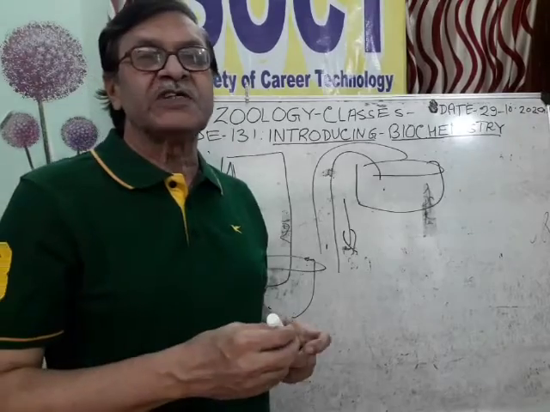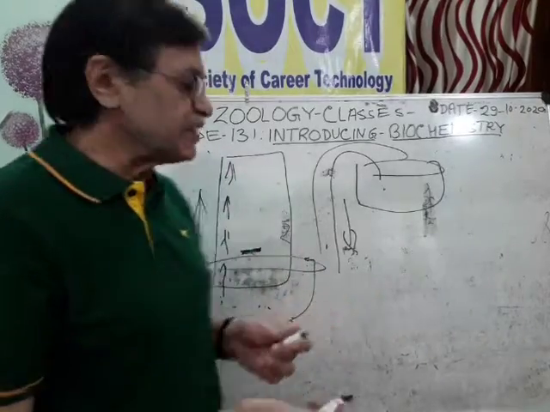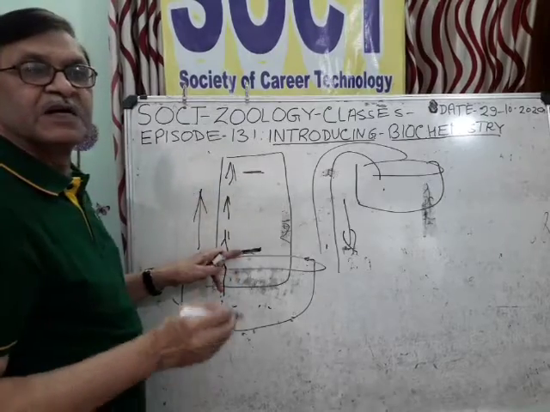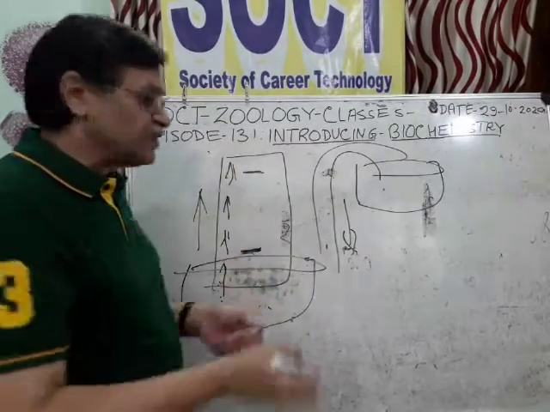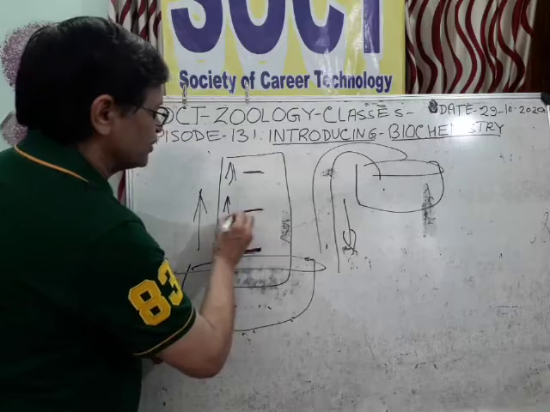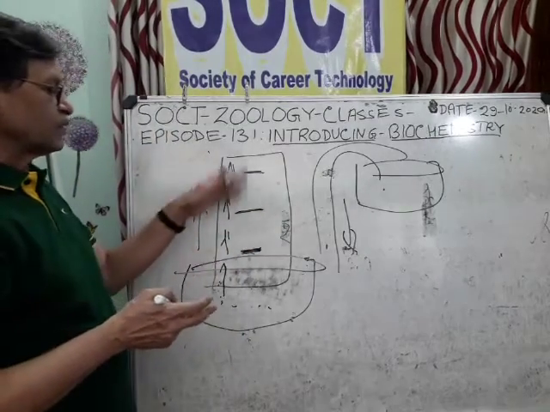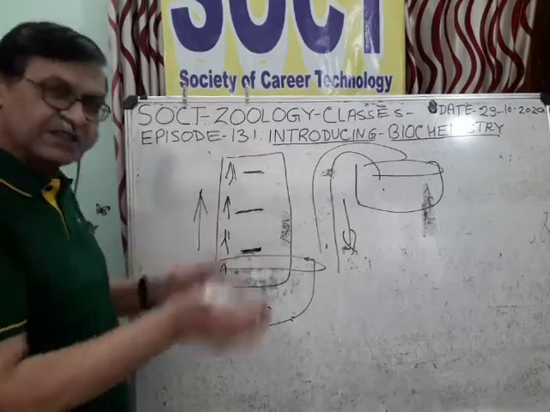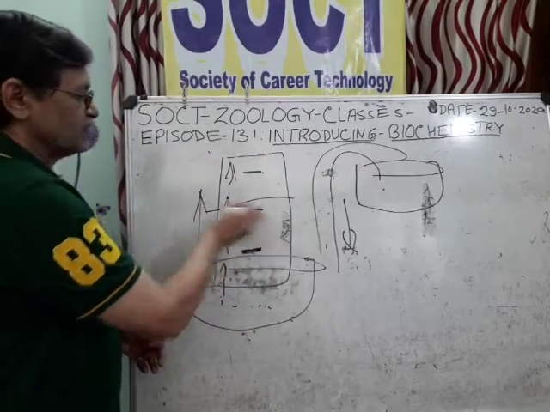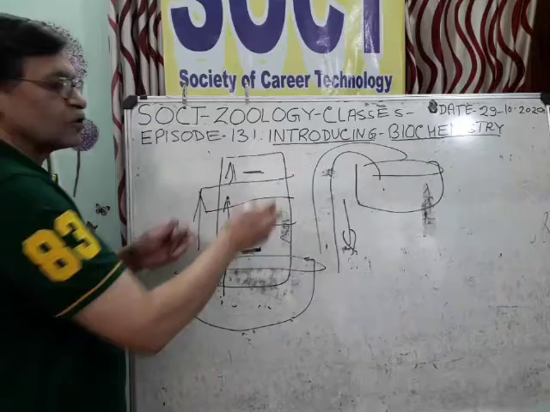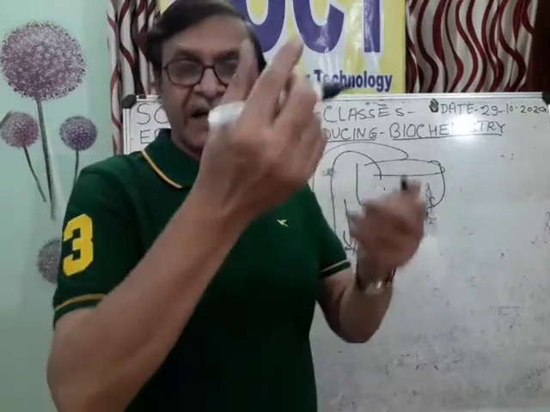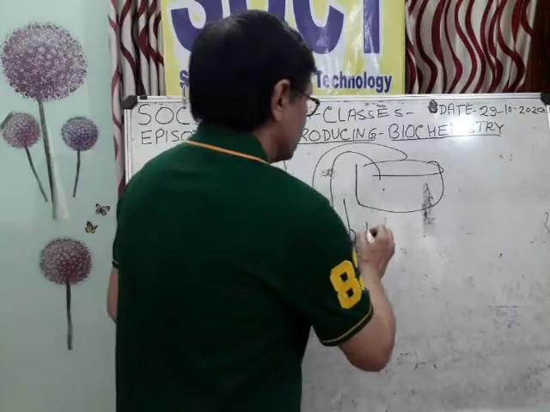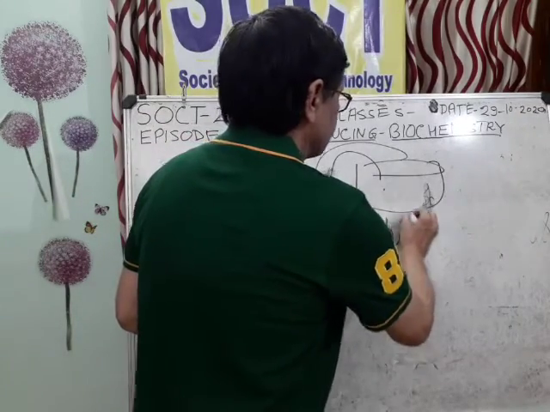Those molecules which have a lighter weight will reach up to here. Those molecules which have a heavier weight will reach up to here. When the solvent has reached this stage, the paper is removed, and this portion is cut, and this is also cut and dipped into another test tube having the solvent. This process is called elution.